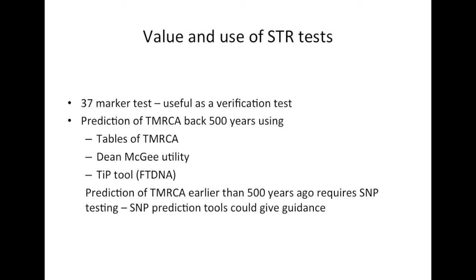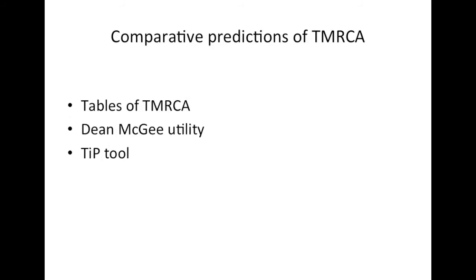There are various tools which can be used for this purpose, which I'll talk about in a moment, but to effectively predict the TMRCA earlier than 500 years ago, SNP testing is essential. In this case, there are some SNP prediction tools which may give guidance on which SNPs to test for.